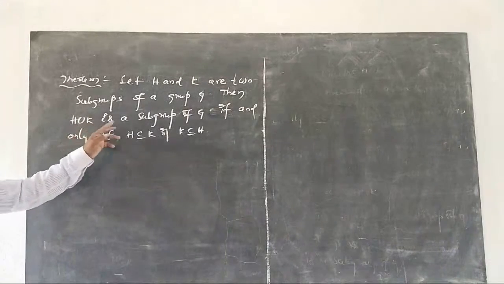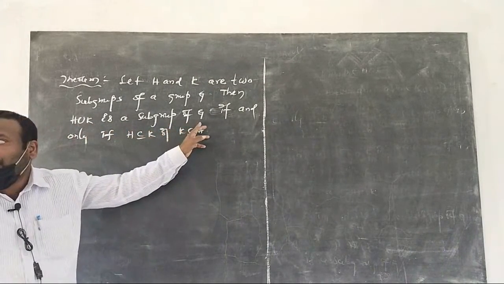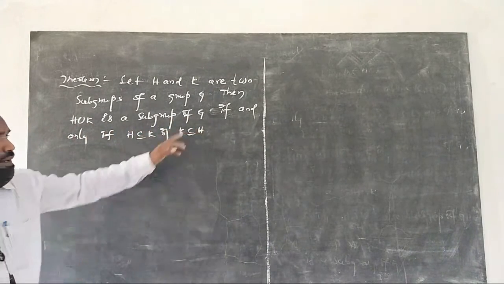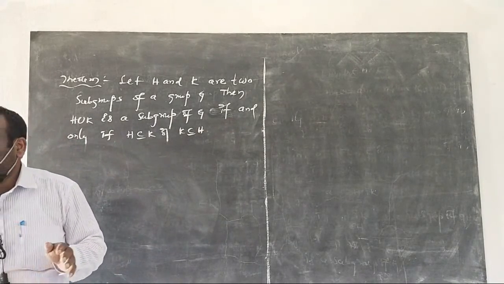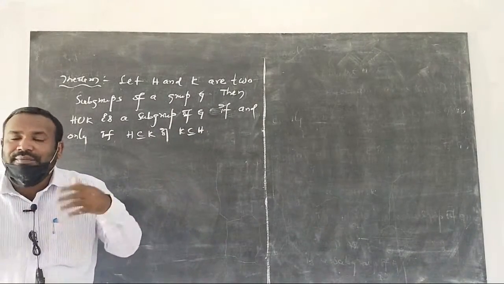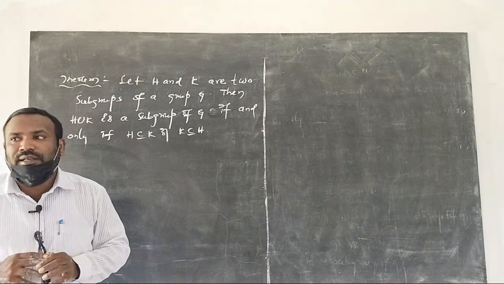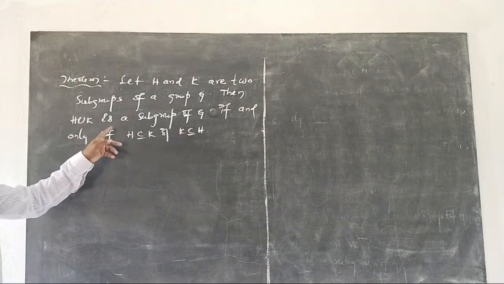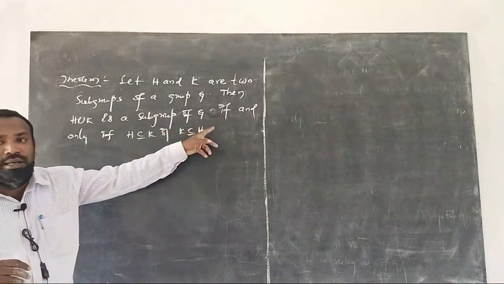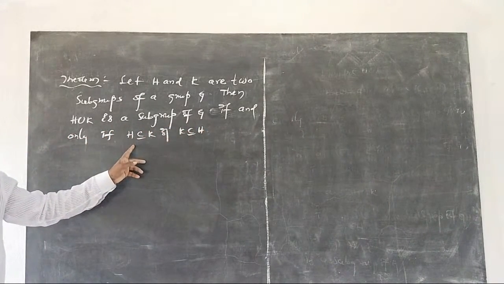H union K is a subgroup of G if and only if. This is an if and only if type statement, which means necessary and sufficient type. H union K is a subgroup of G if and only if H is a subset of K or K is a subset of H.